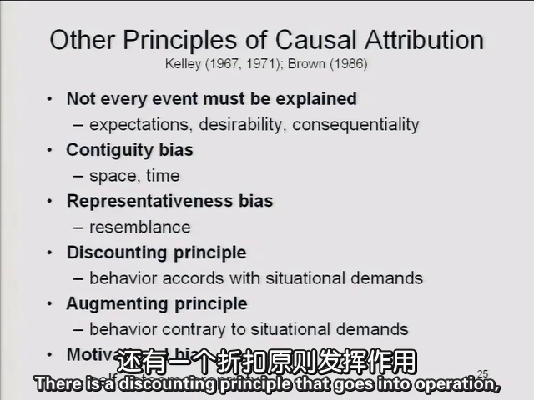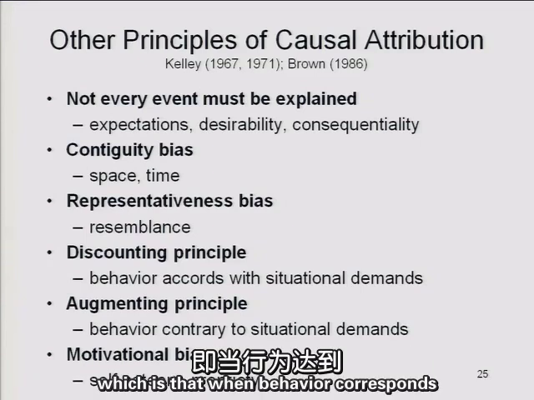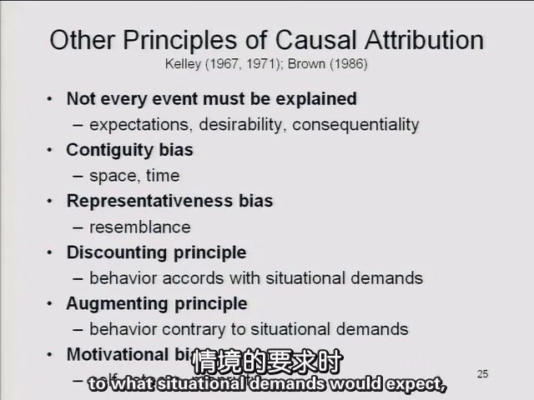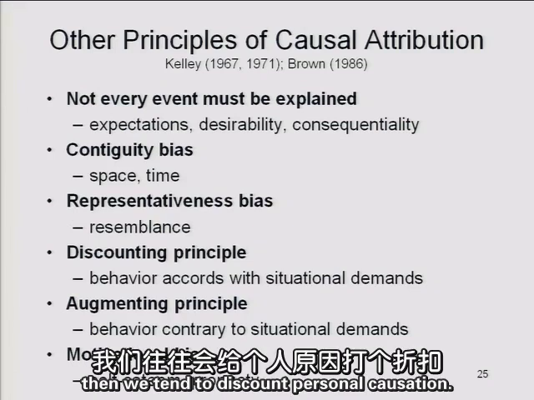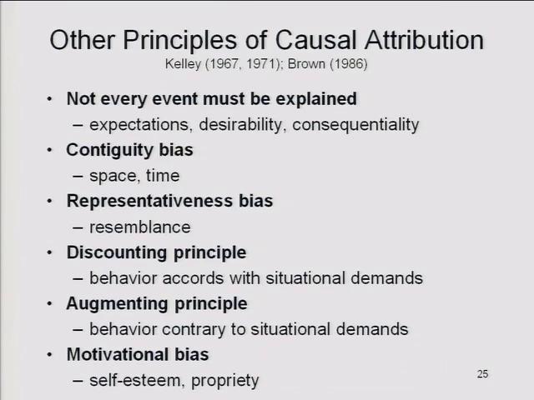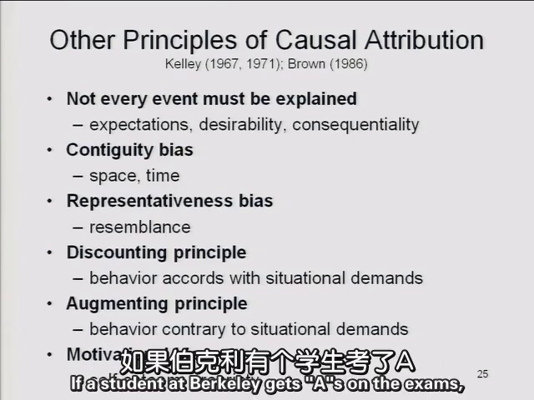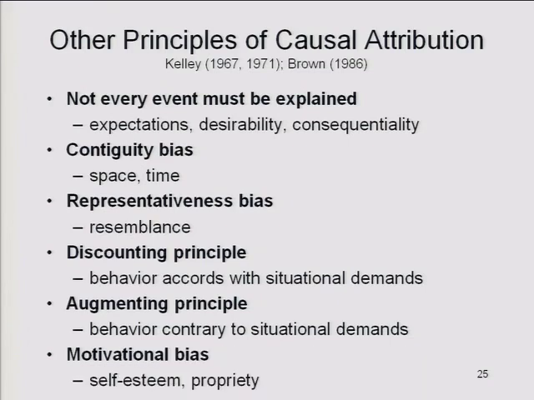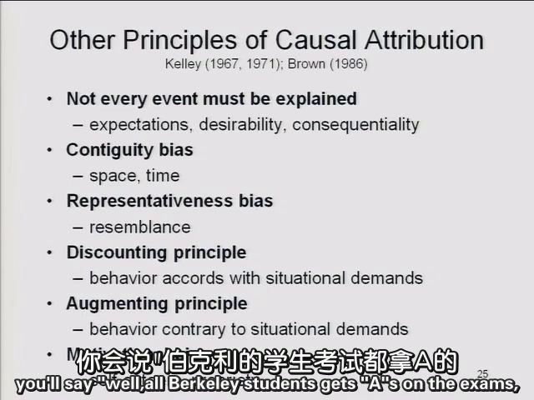There's a discounting principle that goes into operation, which is that when behavior corresponds to what situational demands would expect, then we tend to discount personal causation. If a student at Berkeley gets A's on exams, we say, well, all Berkeley students get A's on exams.